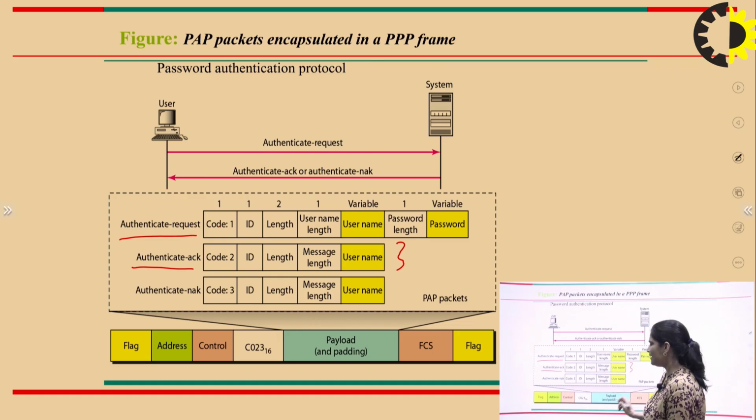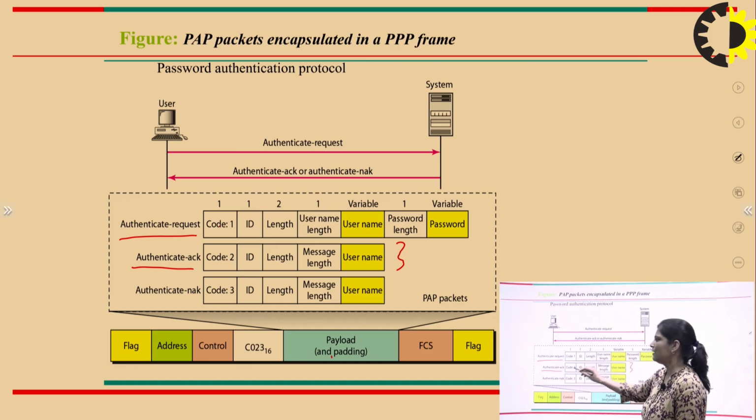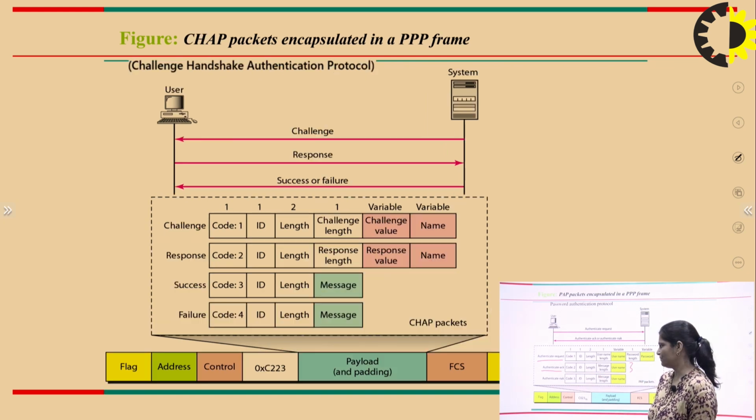These are the fields present in the data, meaning the payload. So you should know the authenticate request field codes, and those for authenticate acknowledgement and not acknowledgement.